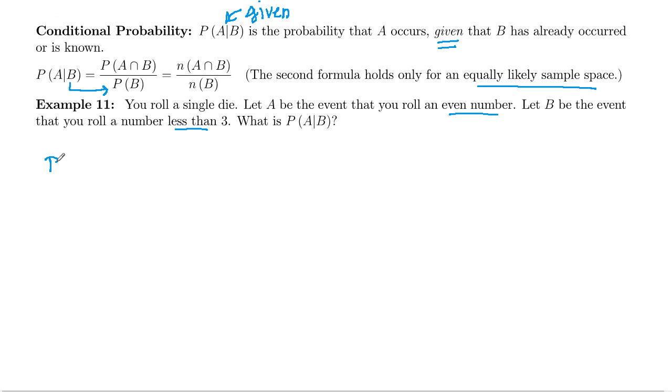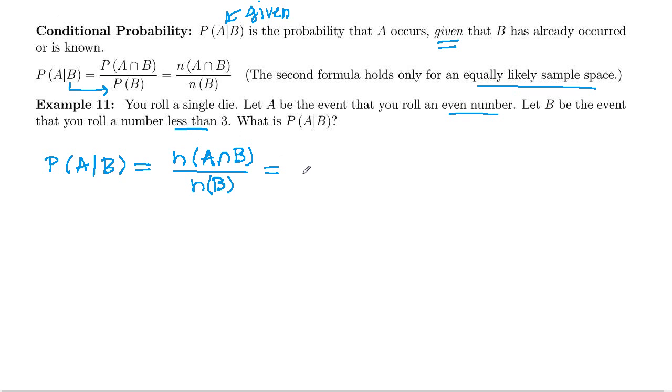By our formula here, probability of A given B, since this is an equally likely sample space, we can use the numbers instead of the raw probability. So the number in A and B divided by the number in B. B is the event that the roll is less than 3.